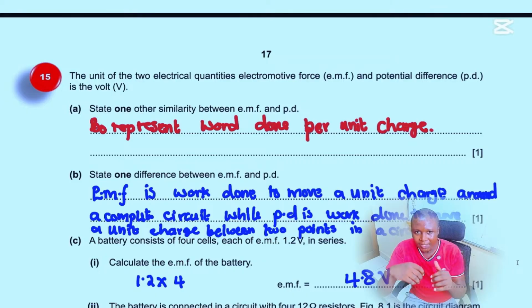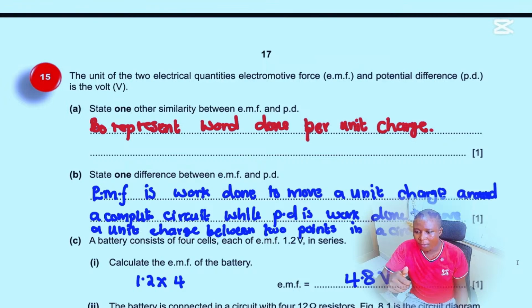One of the similarities is that both EMF and PD are measured in the units volts. Another similarity is that both represent the amount of work done per unit charge.